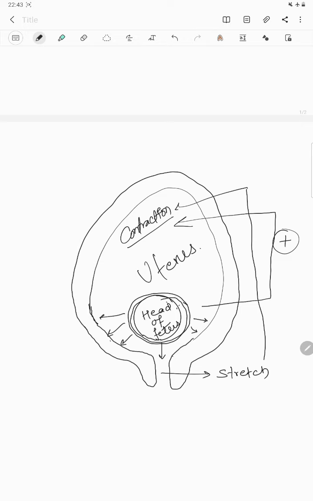I will repeat that once again because it is important to understand that as the gestational age increases and it reaches near term, the head of the fetus has increased to an extent that it stretches the wall of the uterus, and this stretch in itself is a stimulant for the contraction of this uterus wall.